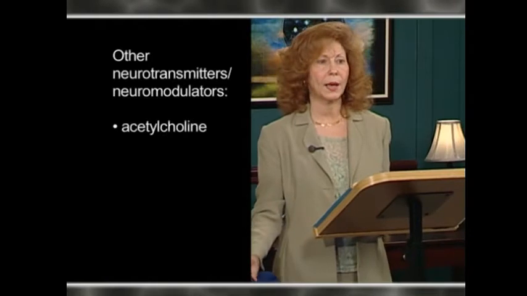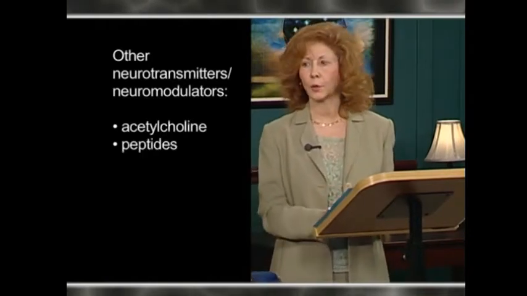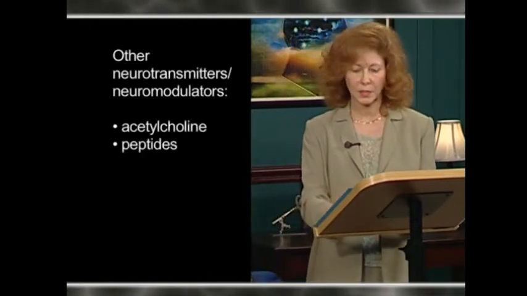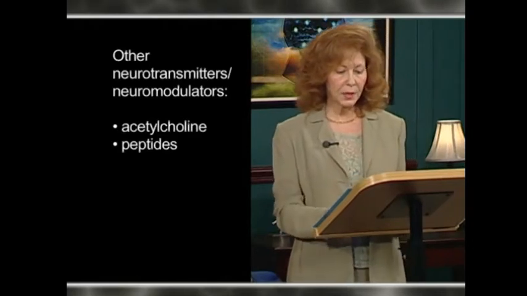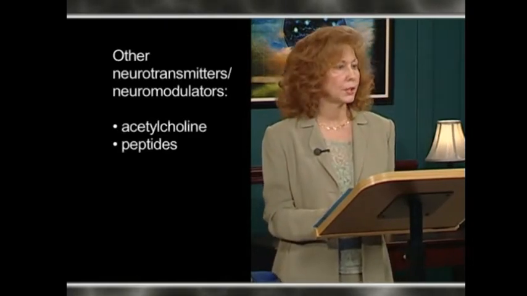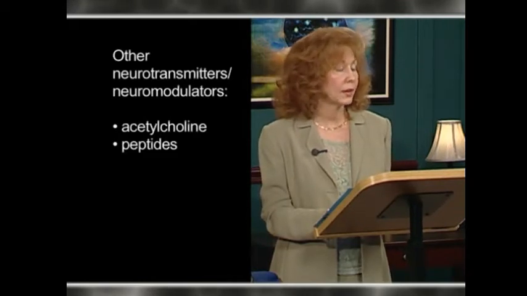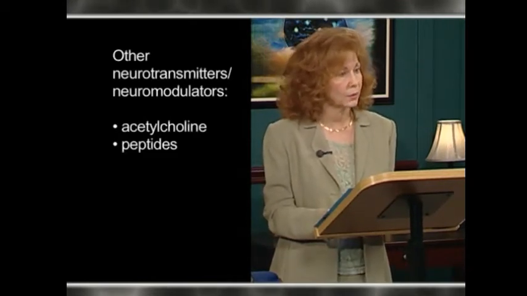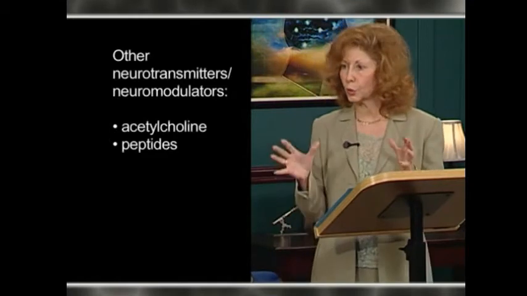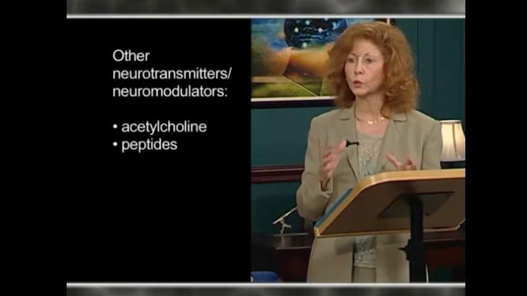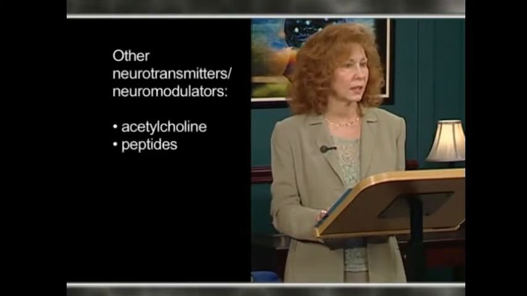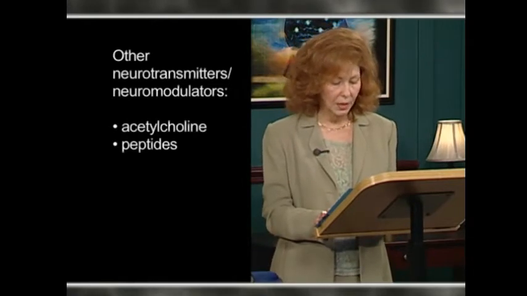We also have peptides that are released at synaptic sites. And peptides are a very large and diverse group of molecules that in some areas of the brain actually act as hormones. So peptides are just large molecules that also play a role in signaling in the central nervous system.